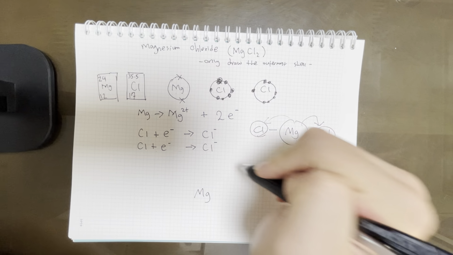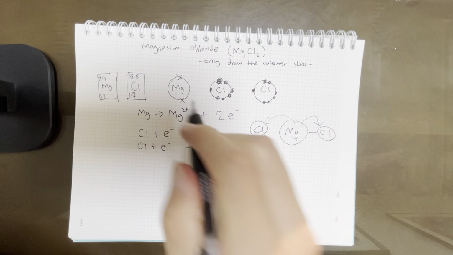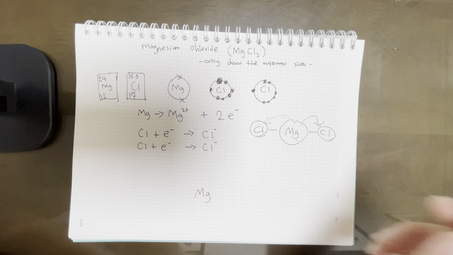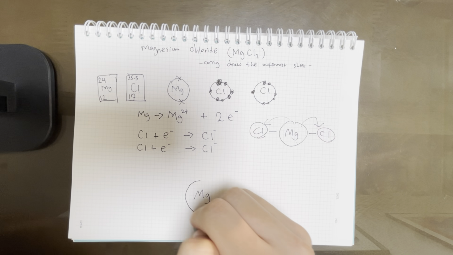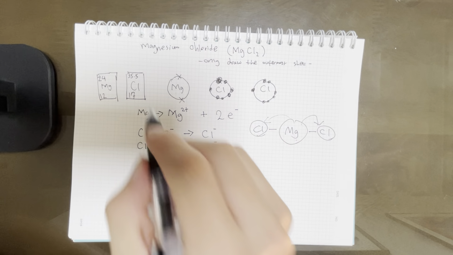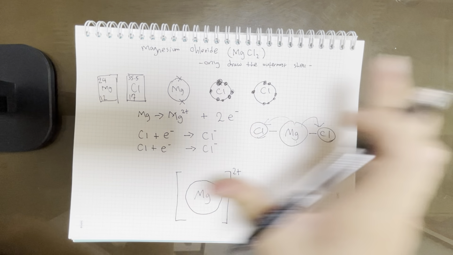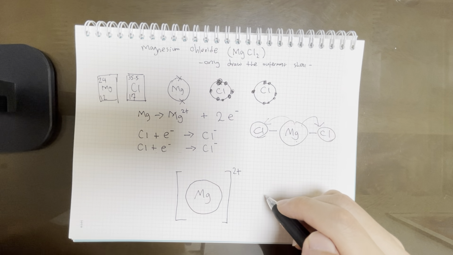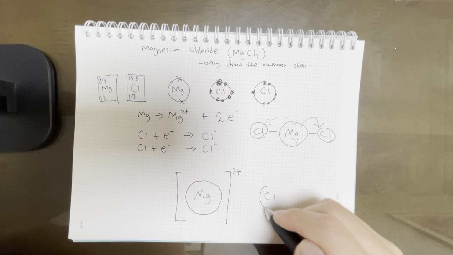So it wouldn't be chlorine, magnesium, chlorine, like I drew in this order. We're going to have magnesium in the center, right? So magnesium is going to have an empty shell because it's going to get rid of these 2 electrons, right? So it's going to become a 2+ charge because it gets rid of 2 negative electrons. And now we have chlorine. And chlorine is going to have 7 electrons already.